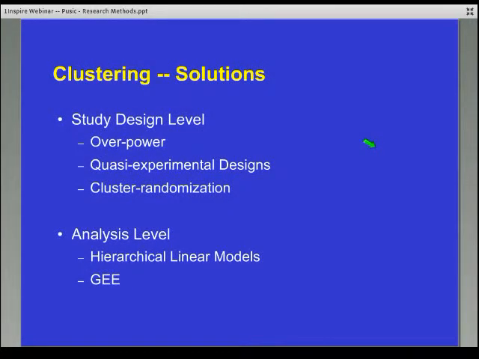So this clustering and the contamination that results because of it, we can factor out at the study design level, and we can factor out at the analysis level, but you need to think about it ahead of setting up your particular study. And when you're consuming education research, you need to look and see that people took into account these issues. Again, it's especially a problem in negative studies, so pay attention there.